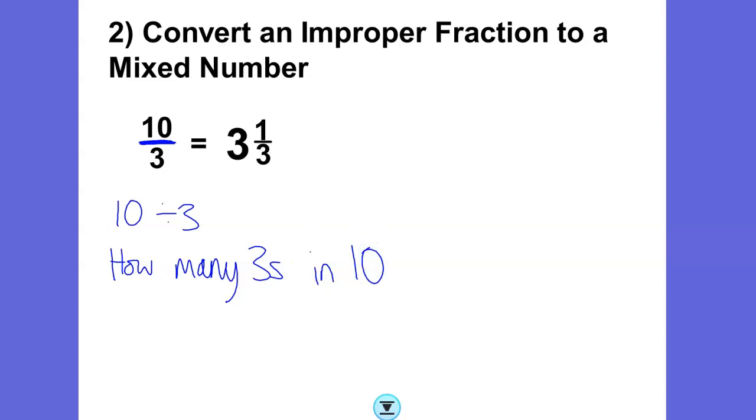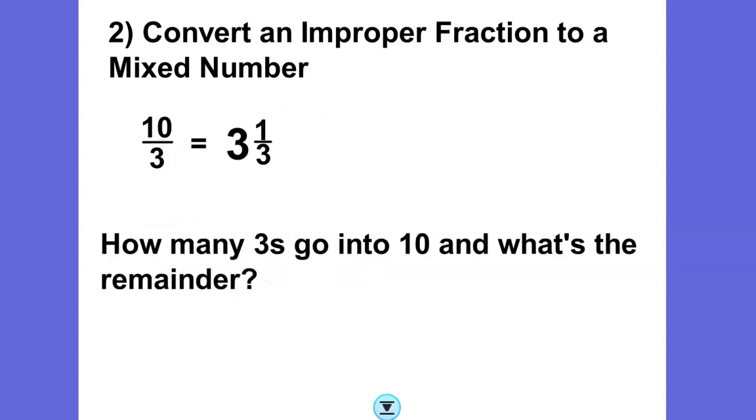And if I count up in 3's, 3, 6, 9, I get 3 whole ones, 3 3's go into 10, and there's 1 left over. The remainder goes up here. So think of it like that. How many 3's go into 10, and what's the remainder? 3 3's goes into 10, 1 is the remainder.